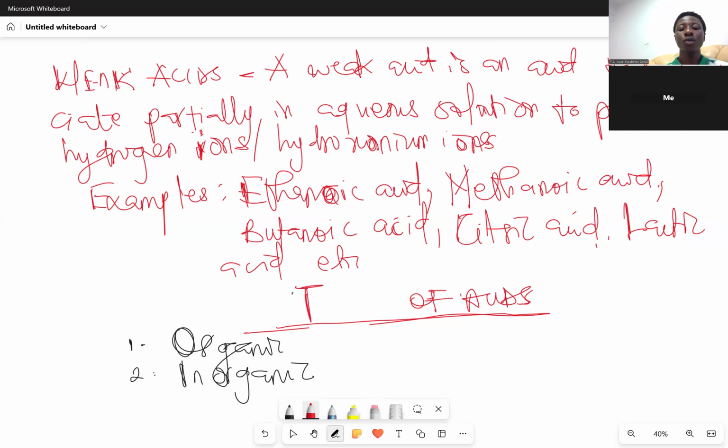I'm sure that's what you see in your textbooks. So types of acids. You will see organic acids, so that when we are defining, we'll see that it's gotten from organic sources, and that one you will understand. Then we have inorganic acids. So now let's start with organic acids.